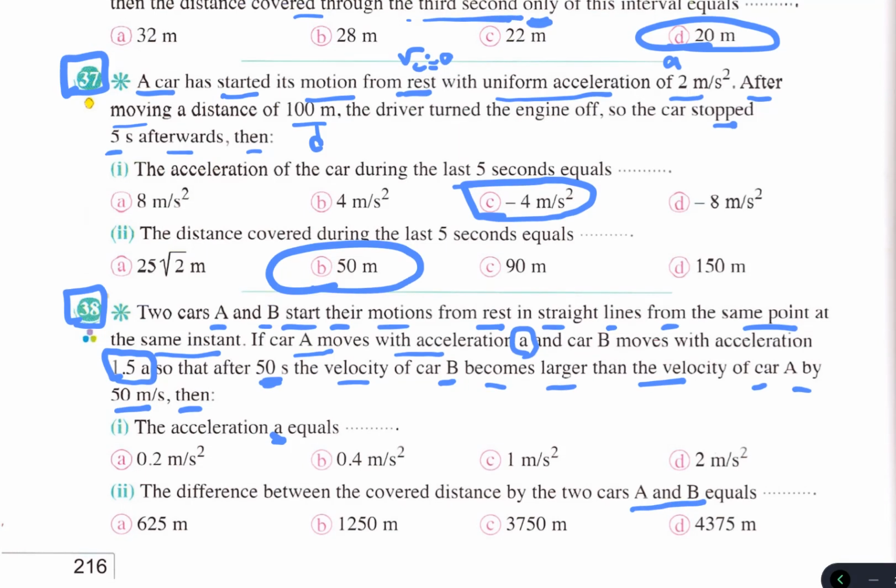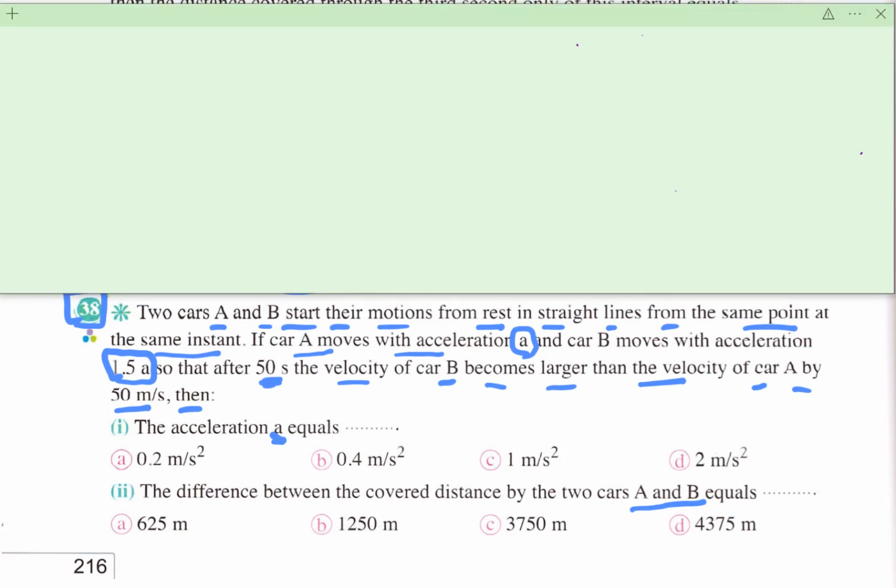Let's get some information from the problem. At the beginning, we have two cars A and B. Both have V initial equals 0. And the time for both is 50 seconds. T equal 50 seconds. And here the acceleration A and here 1.5 A. So let's calculate VA final equals VA initial plus AT, right?